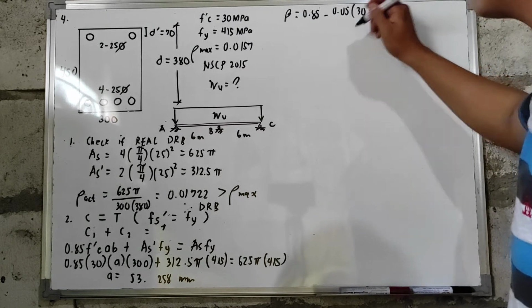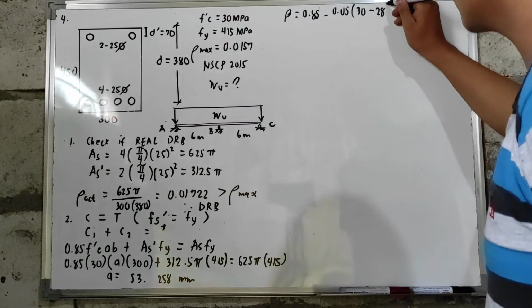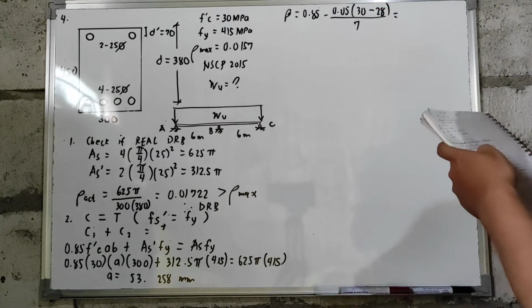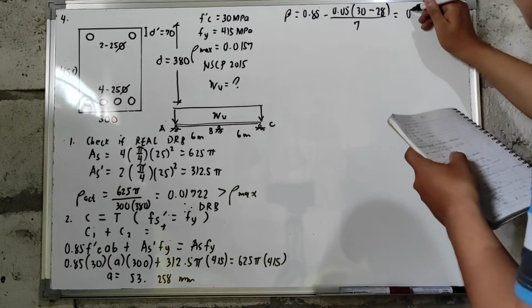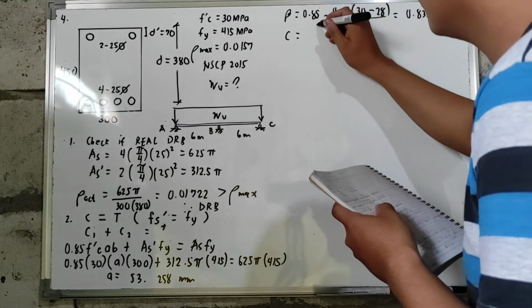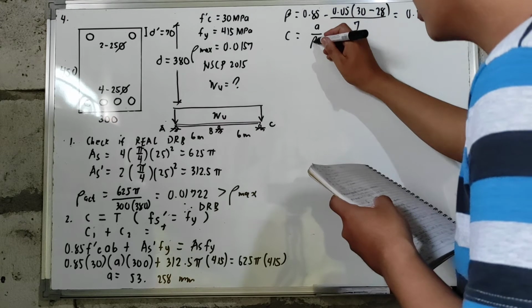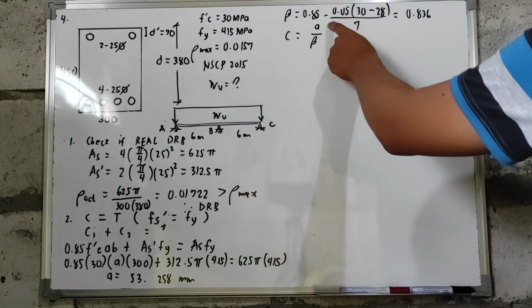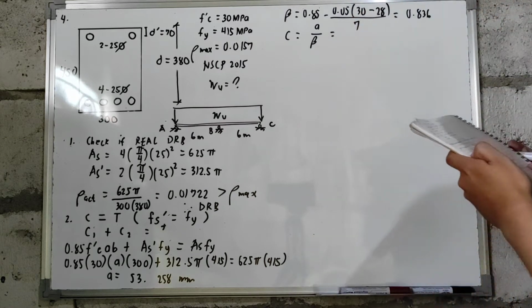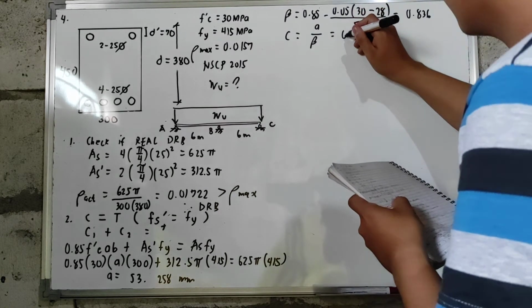So, 30, yung actual natin minus 28, yung limiting value natin, over 7. So, the value of your beta is now equal to 0.836. So, makukuha na natin yung value ng c natin. All we need to do is divide the value of your a by beta. So, we will have a value of 63.706.